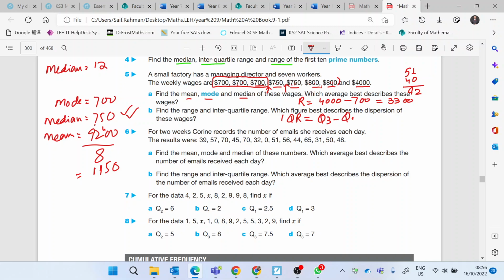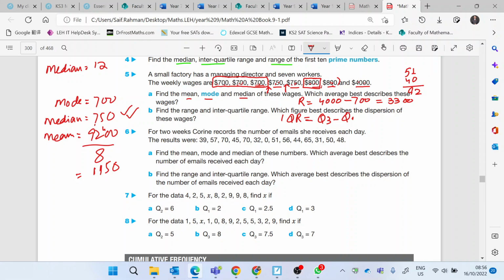Q3 is here, 1, 2, 3, 4, 5, so it will be 800 here, and here 1, 2, 3, 4.